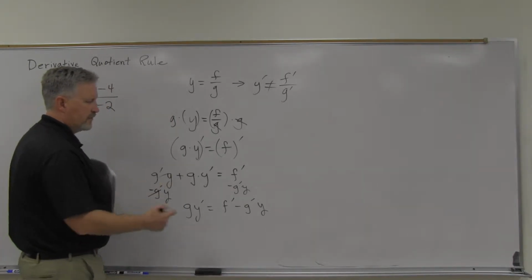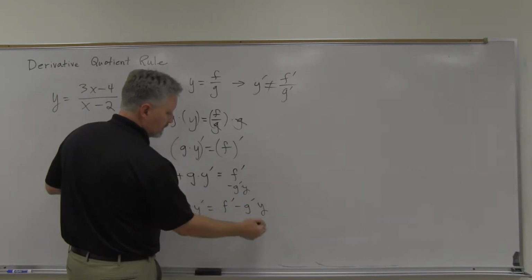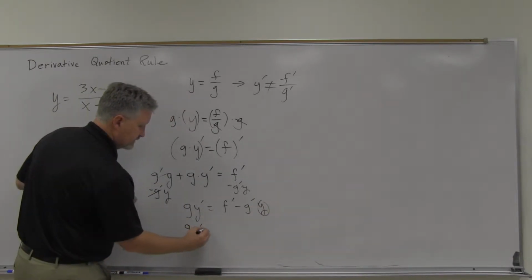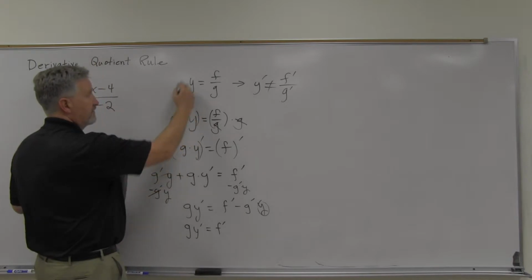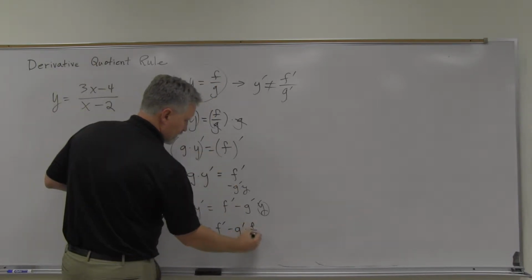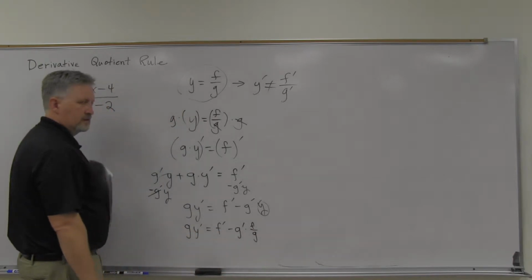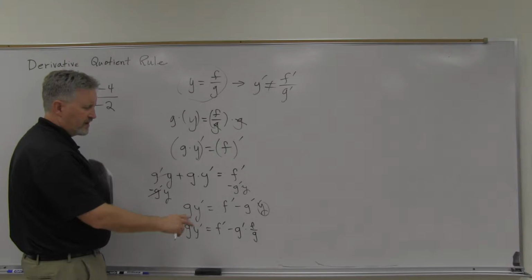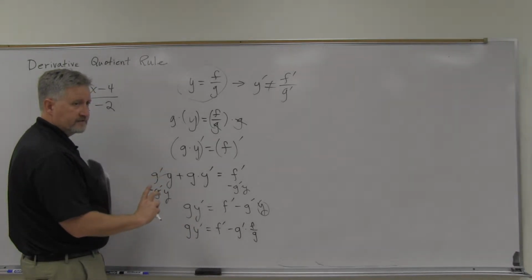Now y is f over g, so let's change that back to f over g. And then divide by g, but here's what I'm going to do to simplify things.